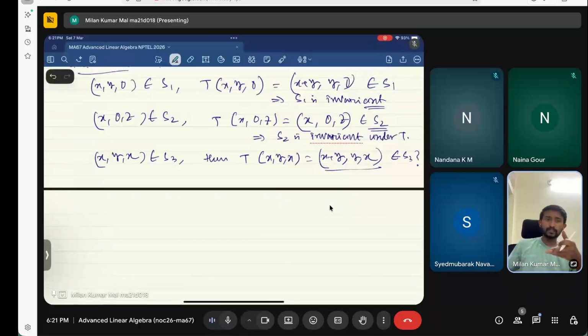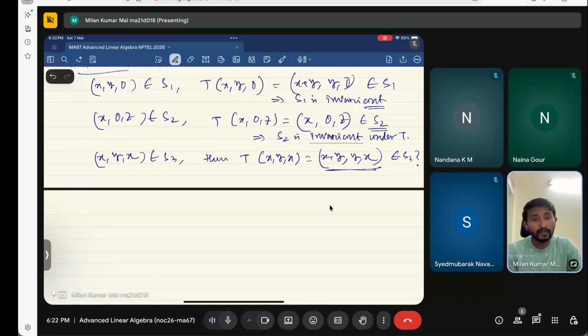If it is, then S3 will again be invariant. But recall what the elements in S3 look like: the first and third entries should be equal. This is one of the criteria, and there is no other criterion. The first and third entries have to be equal. But here it is not necessarily so.